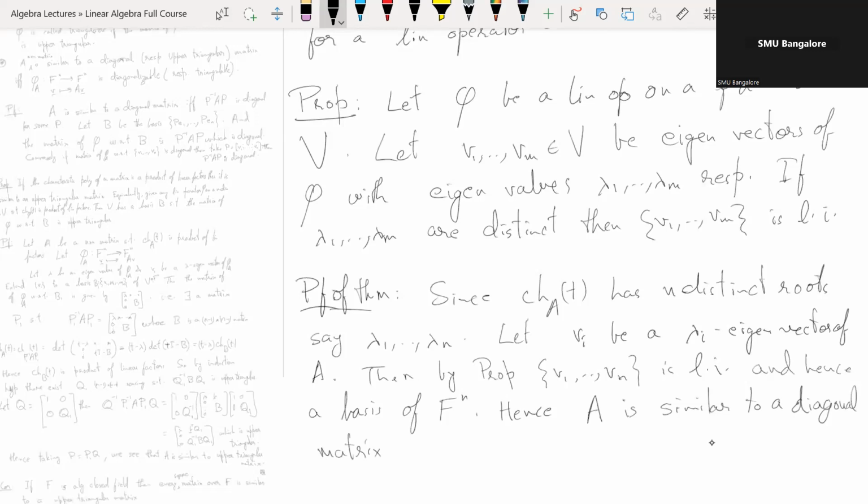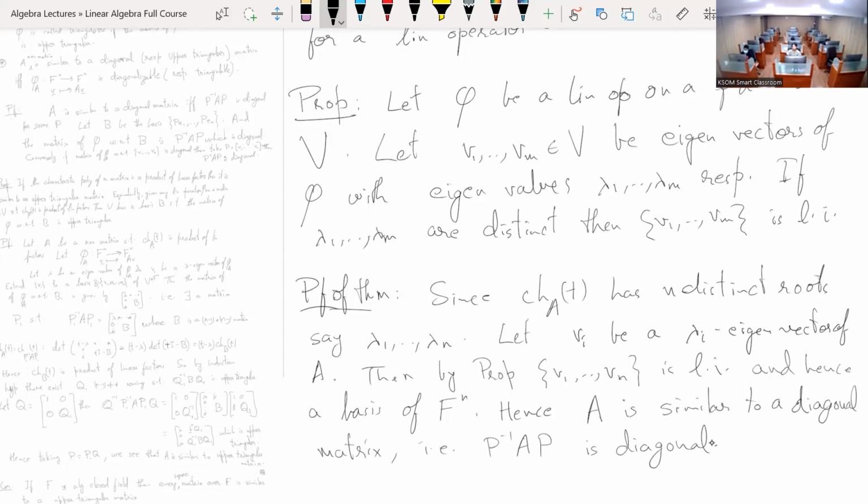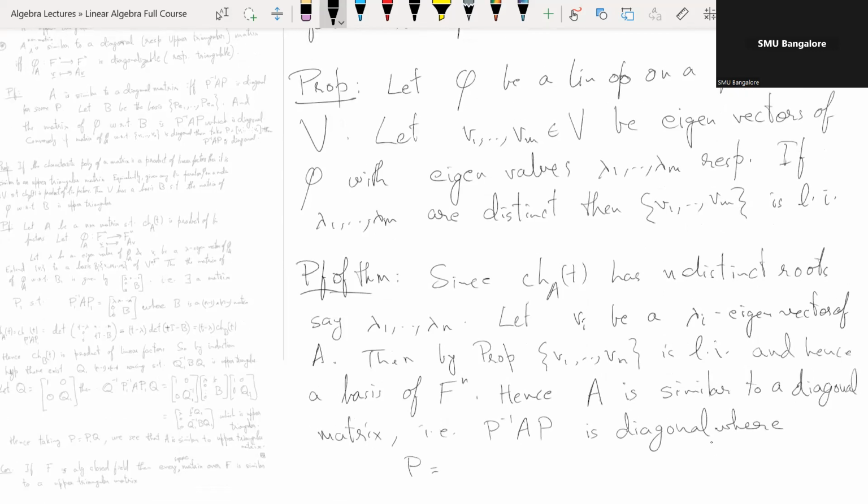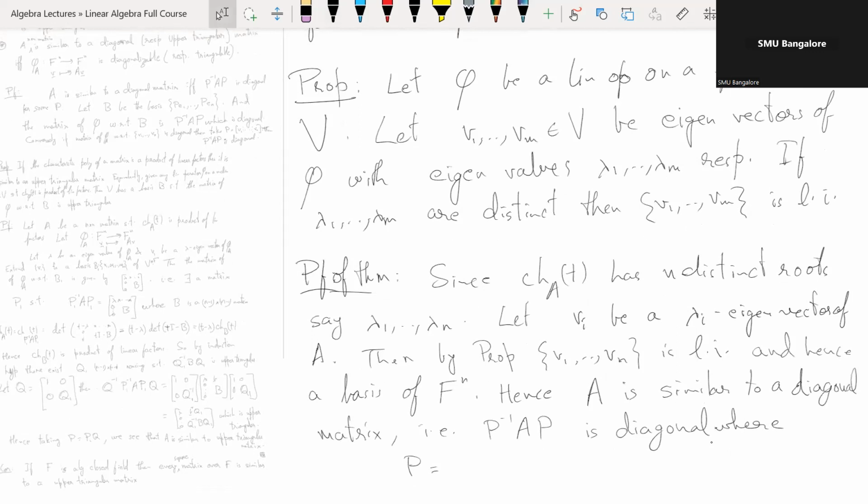So P inverse AP is diagonal. Can you say what P will be in this case? Change of basis matrix from the standard basis to the eigenvectors basis. So in terms of what is written here, what should I put in?